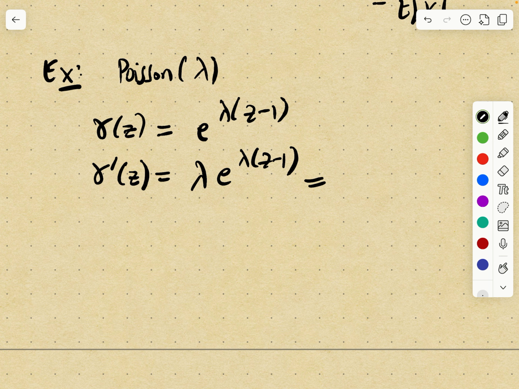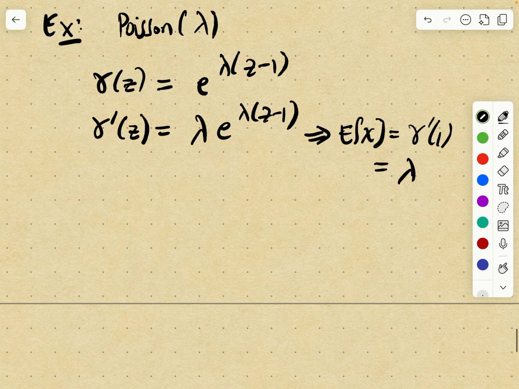And so the expectation of x, which is gamma prime of 1, is equal to lambda. And if you take the second derivative, you're just going to get lambda squared e to the lambda (z minus 1).